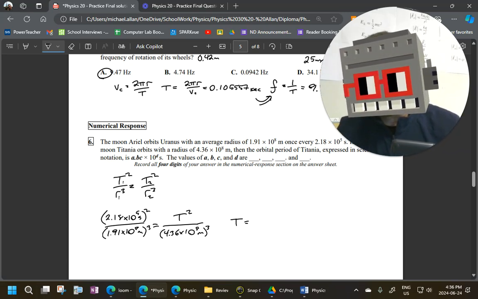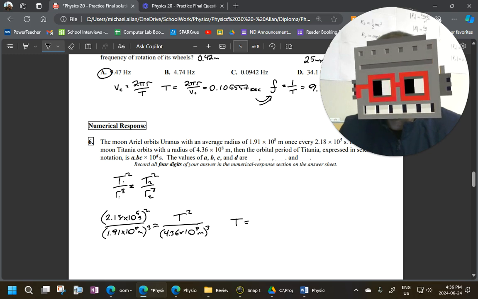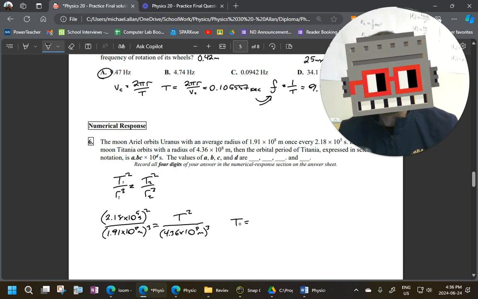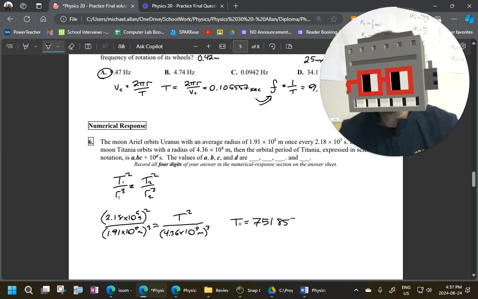All right, cross multiply divide, take the square root, and let's see. This is cubed. 5 squared divided by 1.918 cubed. Take the square root. Blam. Okay, so if I did that, I get 751,000, sorry, 858.